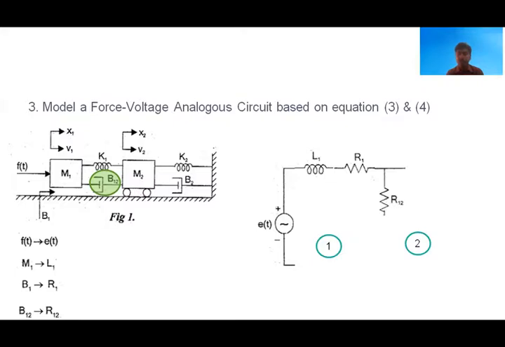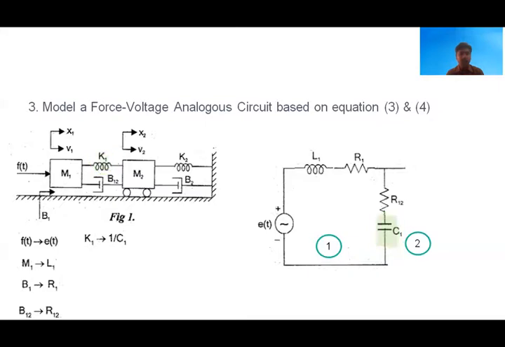So connect like this. The next component in the translation model is K1. This is again connected in between M1 and M2. Therefore, the analogous parameter 1 by C1, that is a capacitor, should be common to both the loops. Therefore, the first loop is finished.